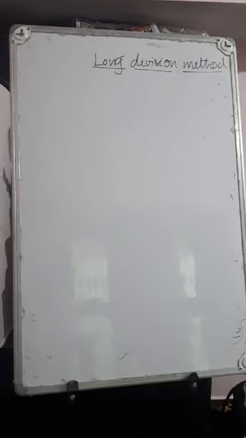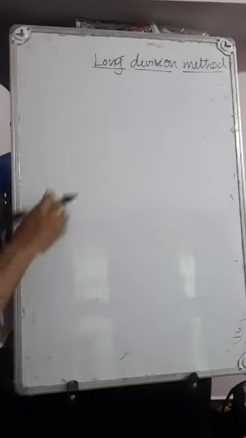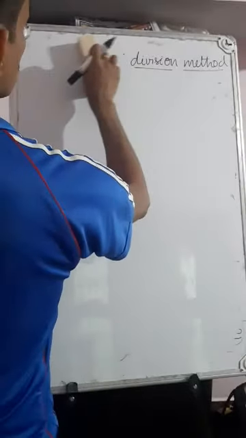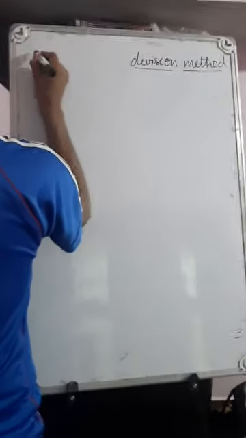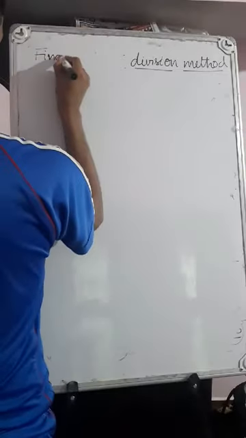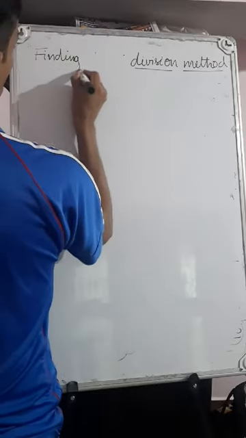As I said earlier, in today's class we are going to find the square root by the division method, not like the long division method. You can call it the division method. Okay, finding square root by division method.